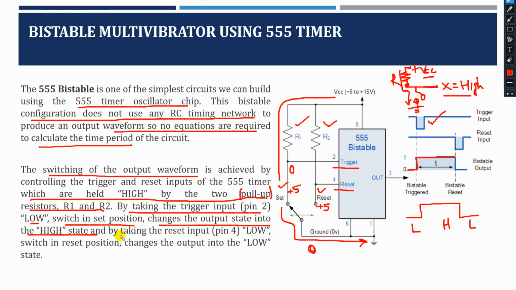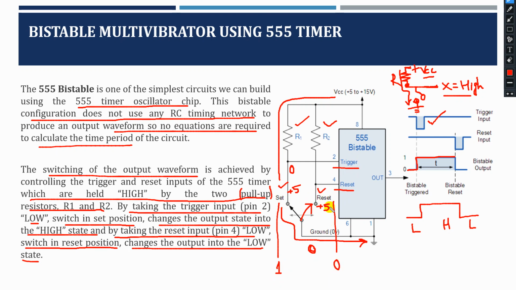To stop this, by taking the reset pin number 4 low, the switch is in reset position, changing the output into low state. Now, the switch is toggled to reset. When the switch is toggled, your set becomes 1 and your reset becomes 0.